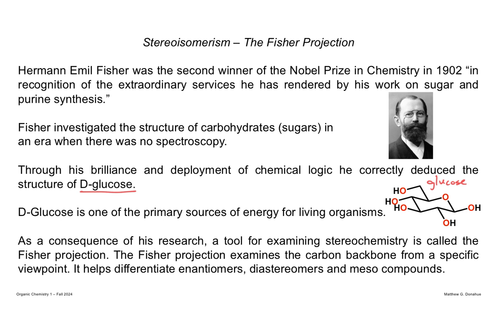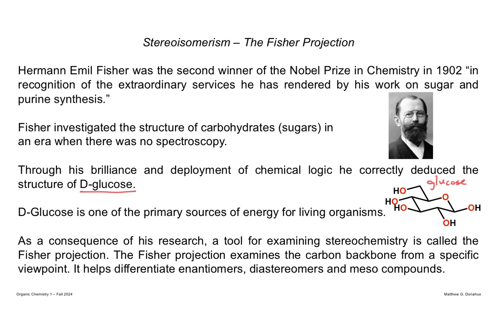And then what do you notice about all the substituents on it? They're equatorial. So that's kind of neat, right? If nature chose this molecule as sort of our food source for living organisms, all these substituents are equatorial. They're the most stable arrangement.